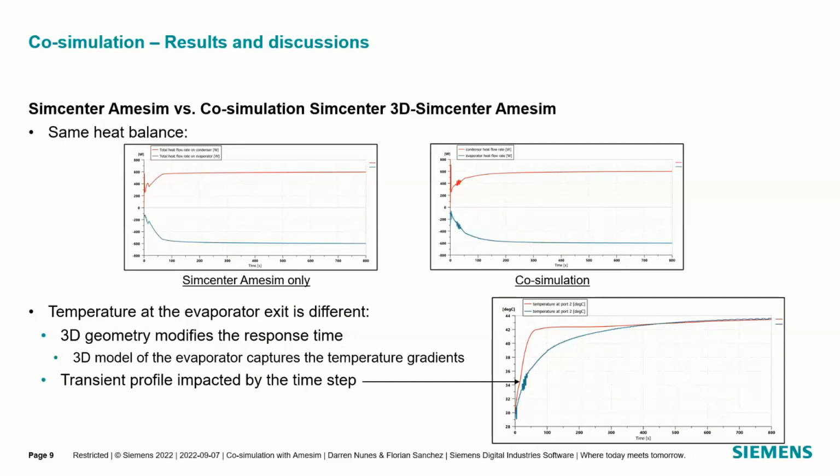But when we connect to a 3D software, the time step matters, because if we use a small time step, we will increase the computational time. Here we use a constant time step just for the sake of this demonstration. As you can see, the time step was quite large, which is why you can see this small upside down on the transient profile. But at the end, we reach the same results.